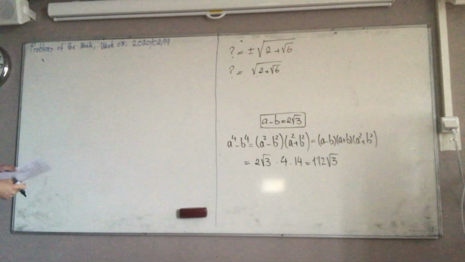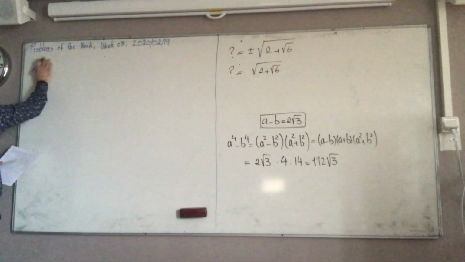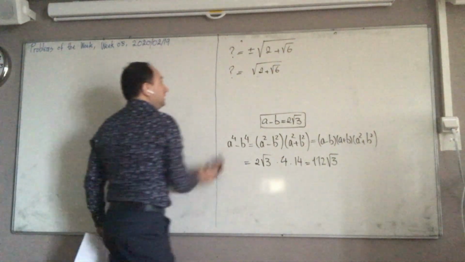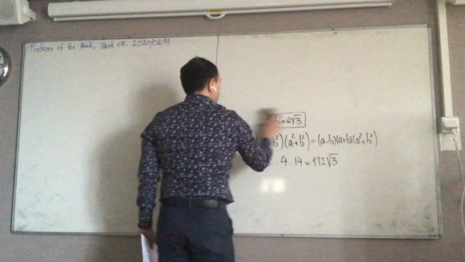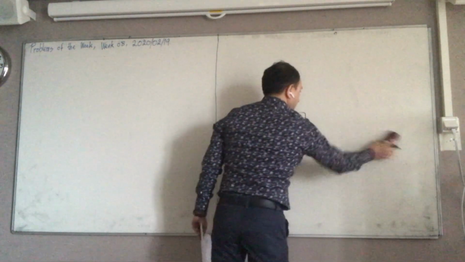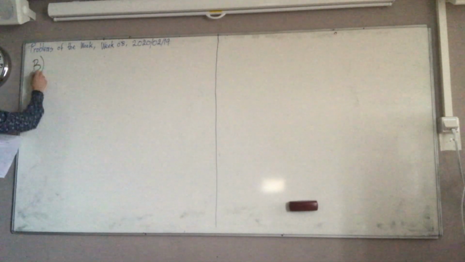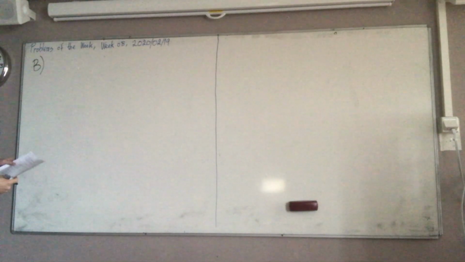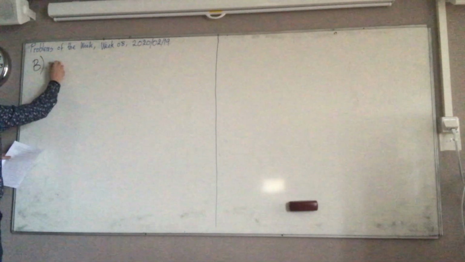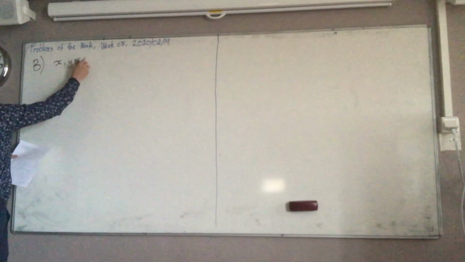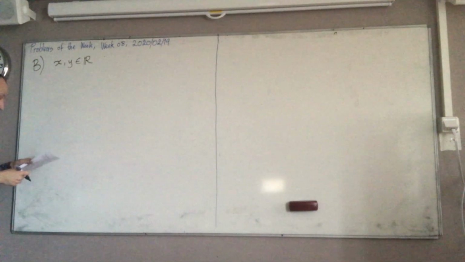Okay, so the second problem, part B, so let me clean everything here now. So the second problem, I have x and y real numbers, x and y belonging to the set of real numbers.